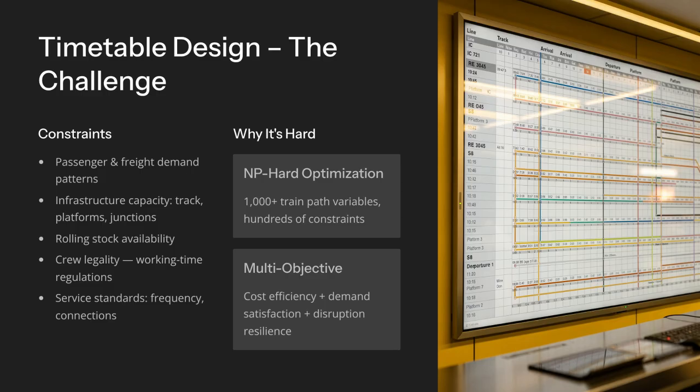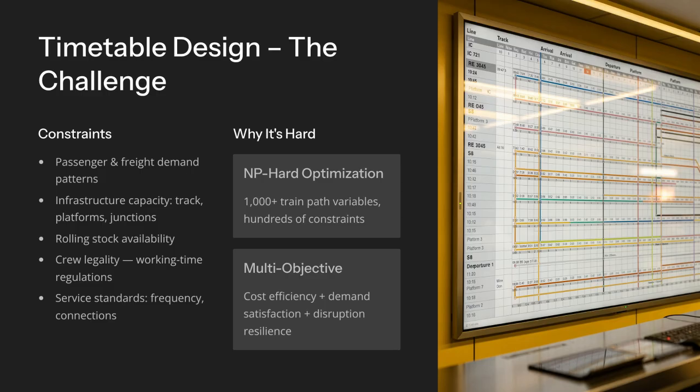First, the number of possible timetables is astronomically large. We're not talking about picking from a short list of options. We're talking about a solution space so vast that you couldn't explore it exhaustively even with significant computing power. Second, adding a single new service doesn't just affect that service, it shares infrastructure with other services. That creates conflicts.